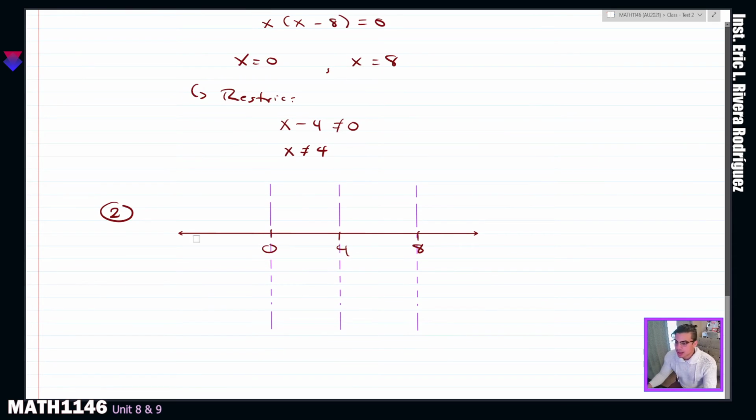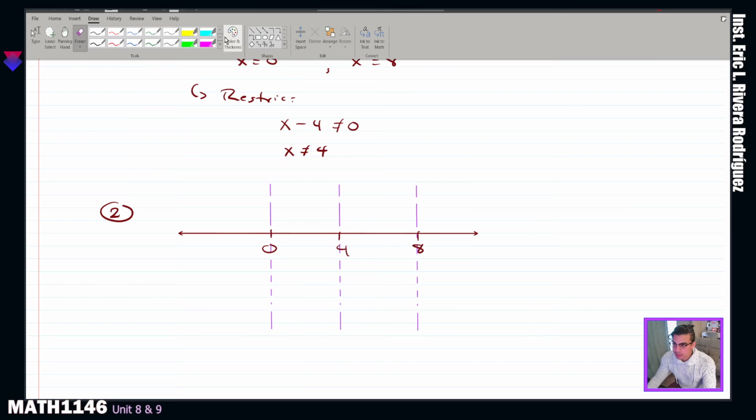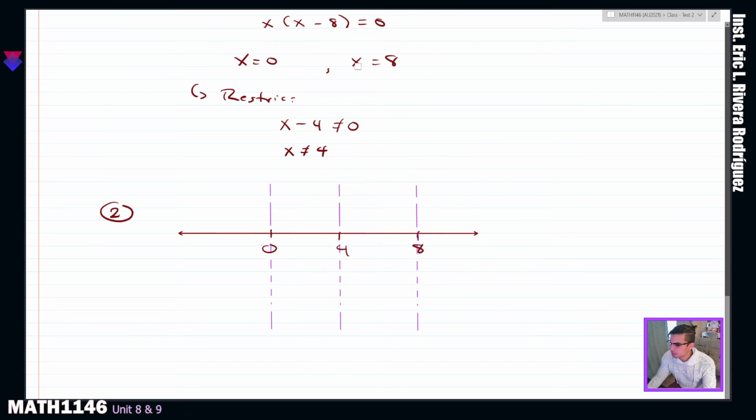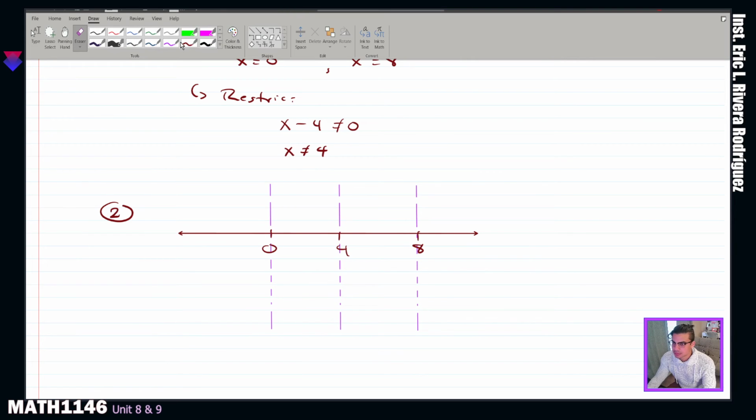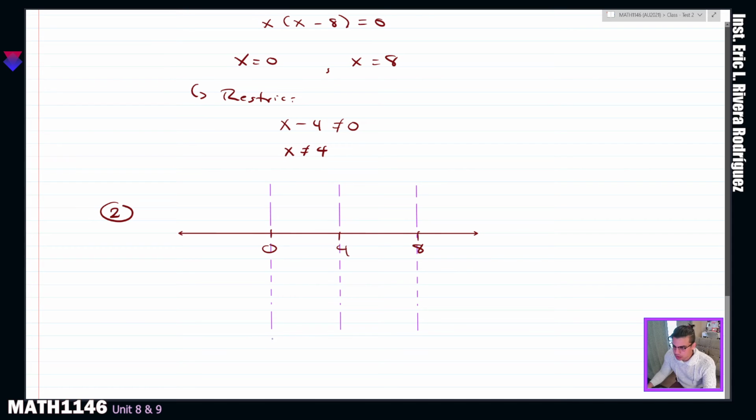Here I always make sure that I know which one is the restriction. The restriction is positive 4, so here I have an undefined value. This is 0 and this is 0. This is always going to help me to understand that 4 is not part of the domain, so I cannot take 4 into consideration for the solution.